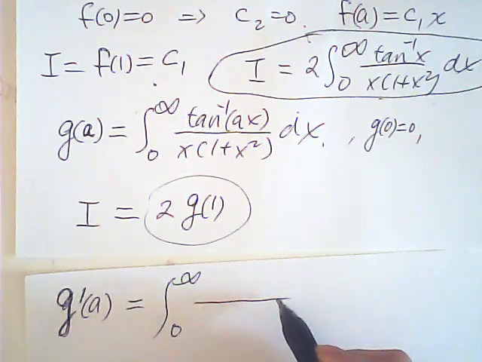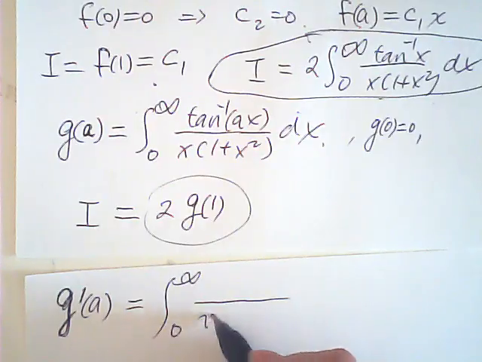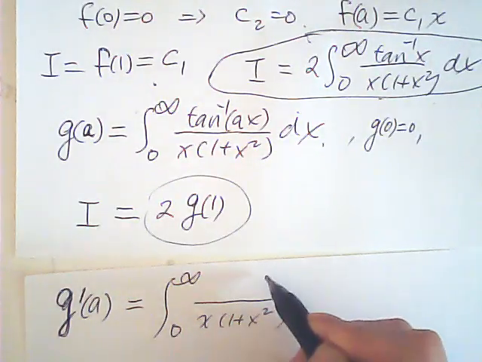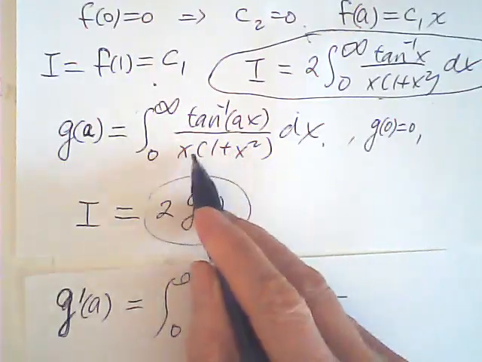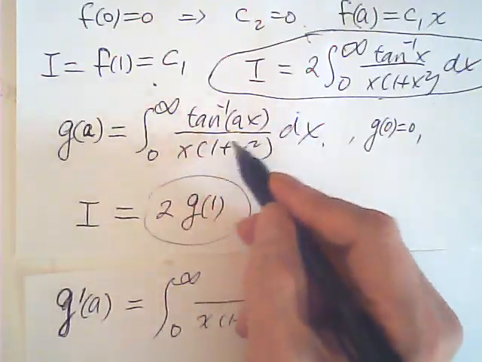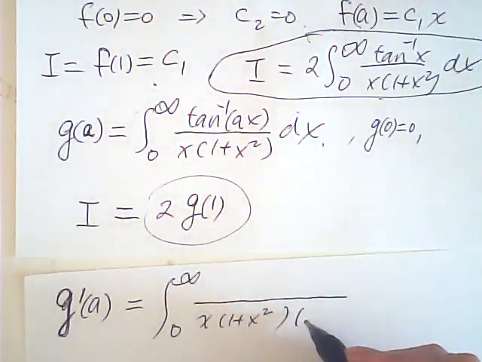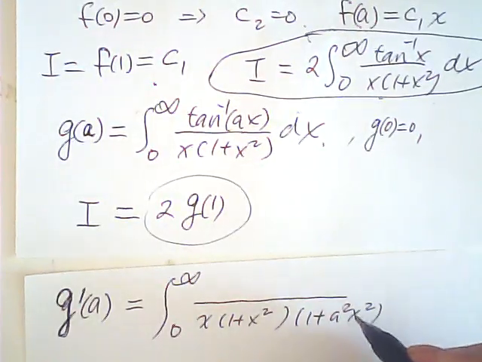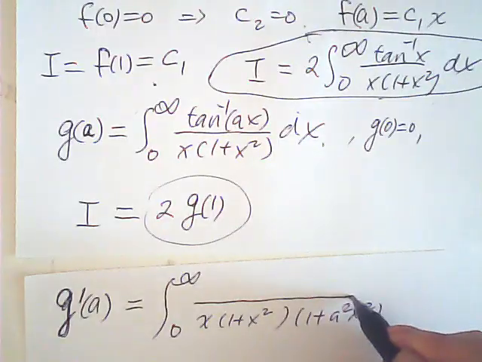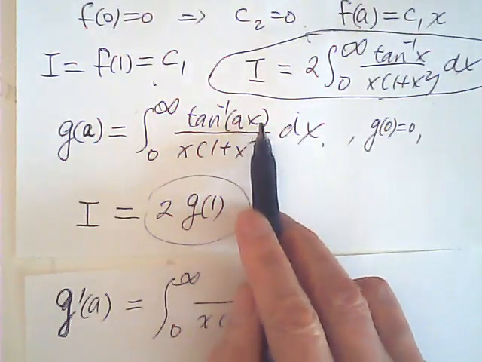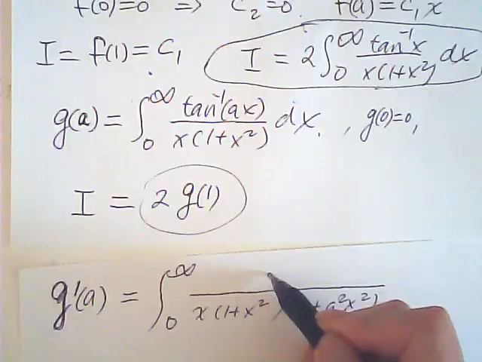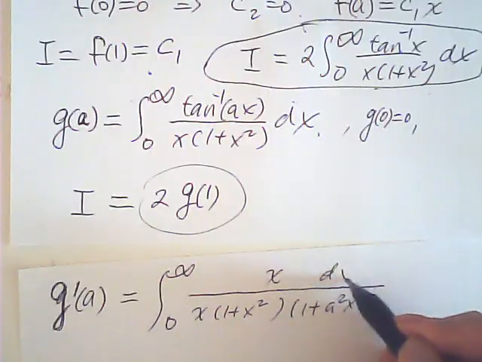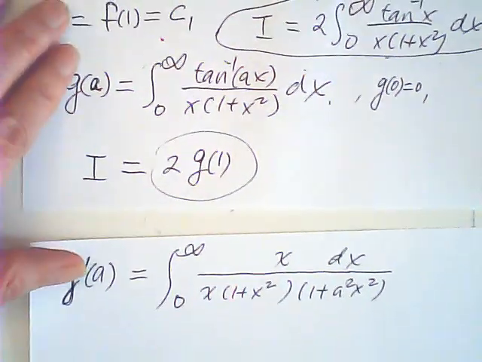Then we have x over 1 plus x squared. This derivative with respect to a is 1 plus a squared x squared. Since a is a variable, x is a constant, so times x again, right? Yeah, and then dx.